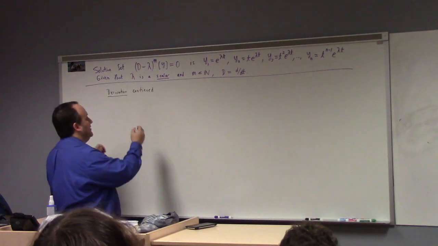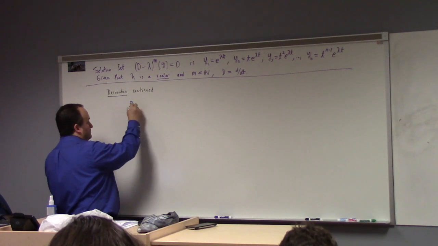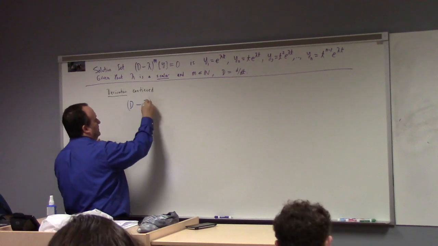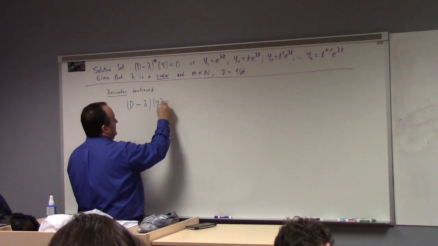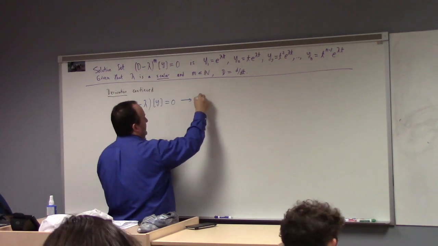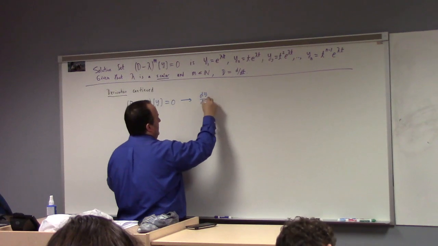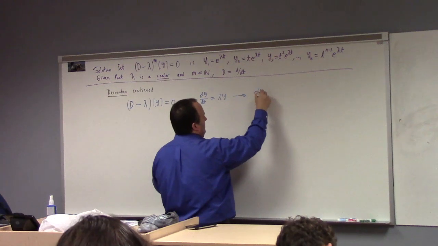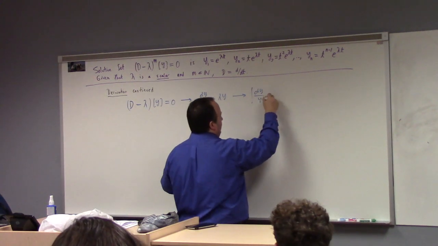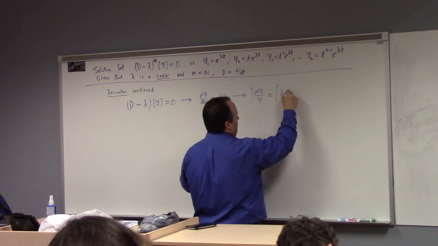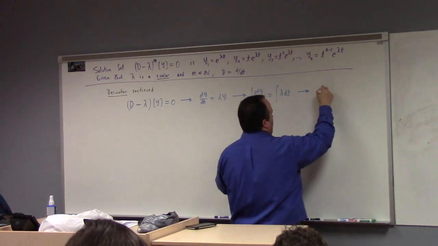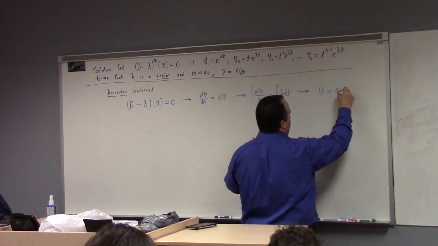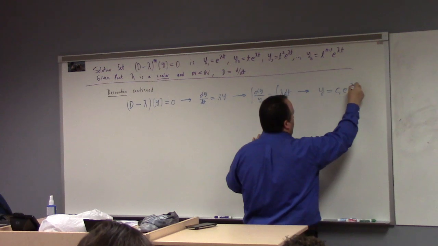So last time I showed you how we could derive if we have (D minus lambda) y equals 0. That's dy/dt equals lambda y, which gives us dy over y equals lambda dt. Integrate that, and an algebra step later, you've got y is equal to c1 e to the lambda t, right?